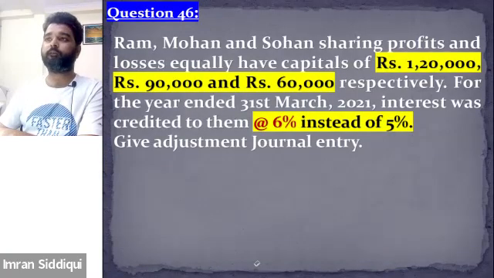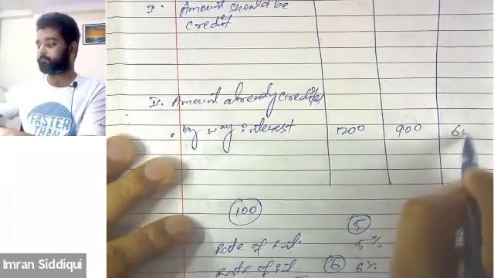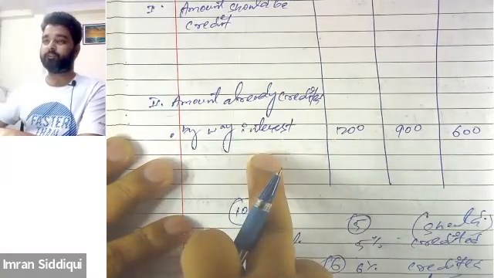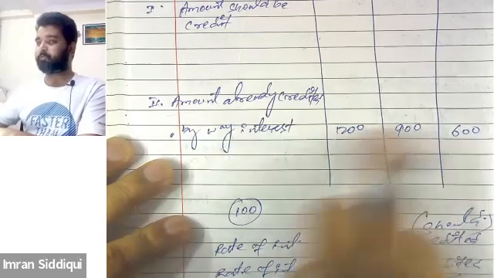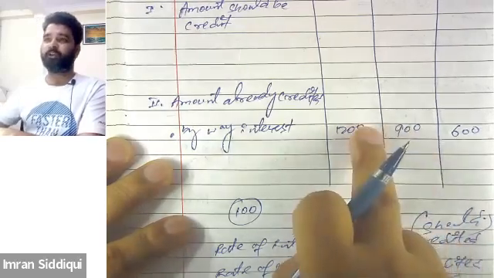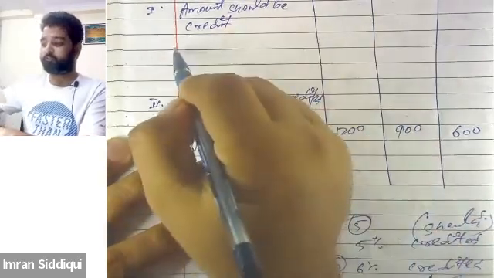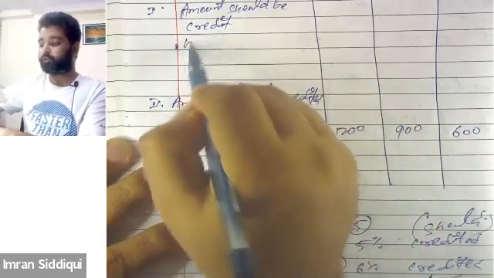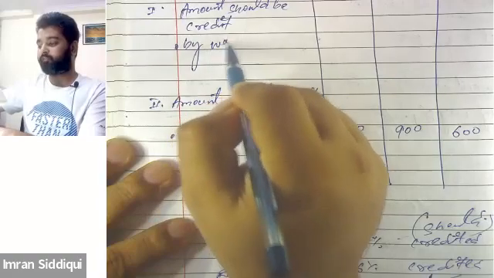And again 600. Okay. So this is credited among the partners by way of interest, but this amount should actually get divided among the partners by way of profit. Now I'm going to write down the amount that should be credited by way of profit.